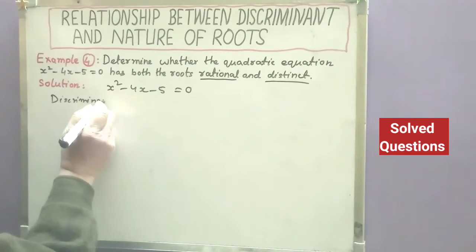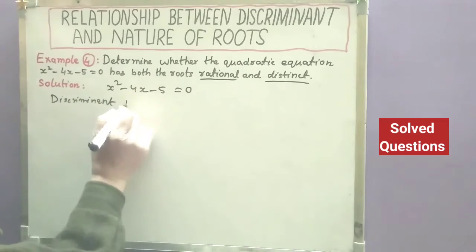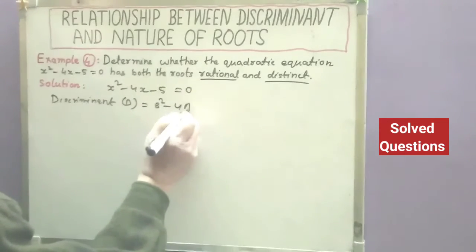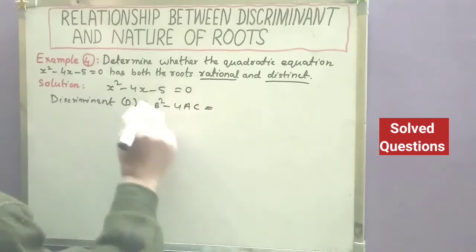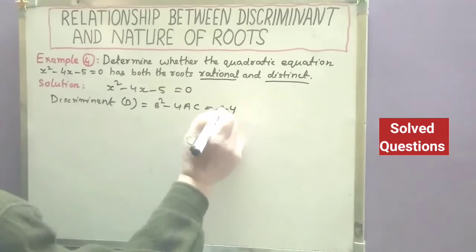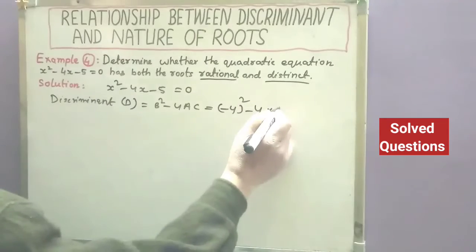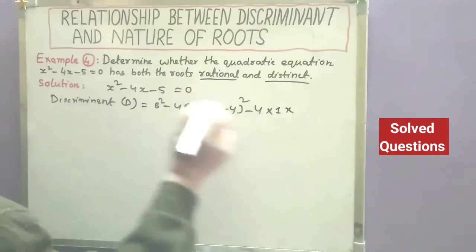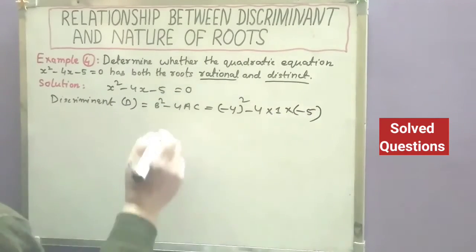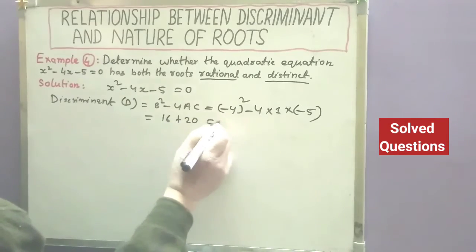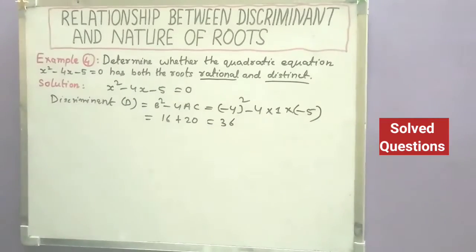Now the discriminant D = b² − 4ac, that equals (−4)², because b = −4, minus 4 into 1 into −5, because c = −5, that equals 16 + 20, that equals 36.